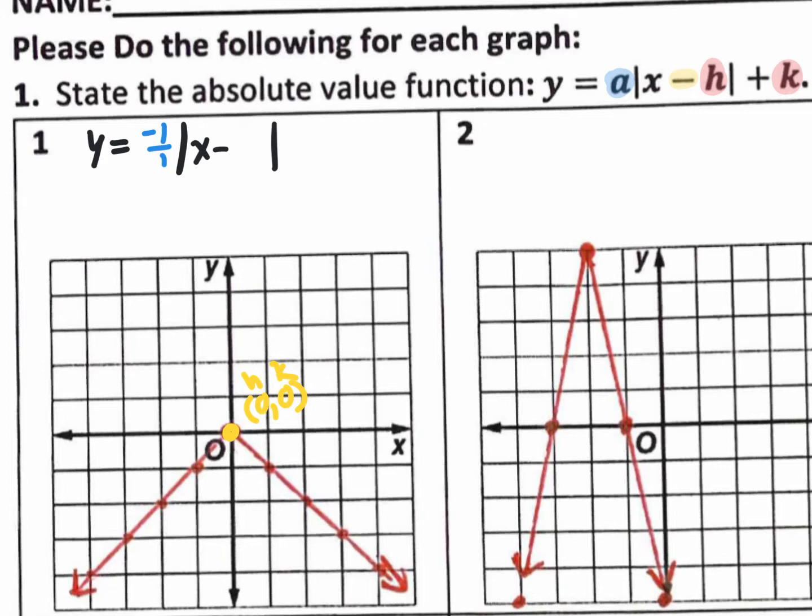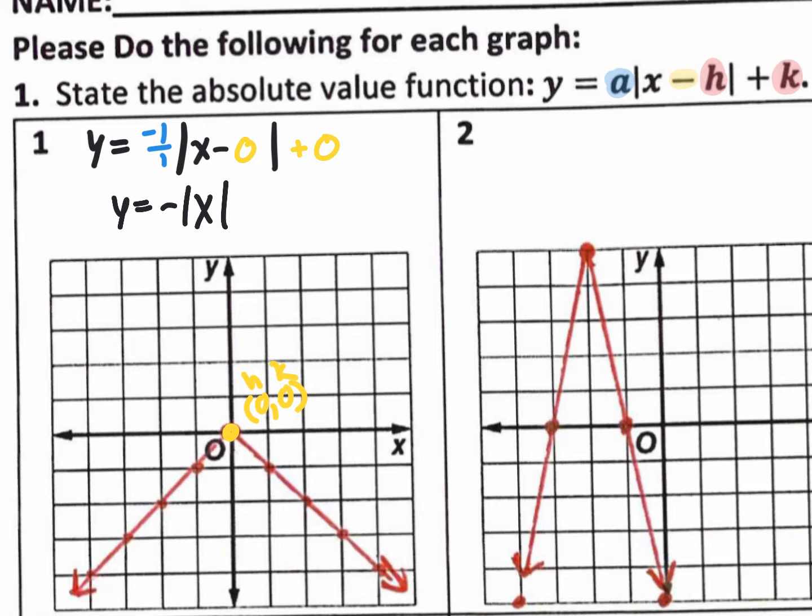So we have a 0 right there and a plus 0 over here. This is the correct absolute value equation. However, we could write it a lot nicer by simplifying it: y equals negative absolute value of x. That's it. There's your absolute value equation, the function that represents that graph.